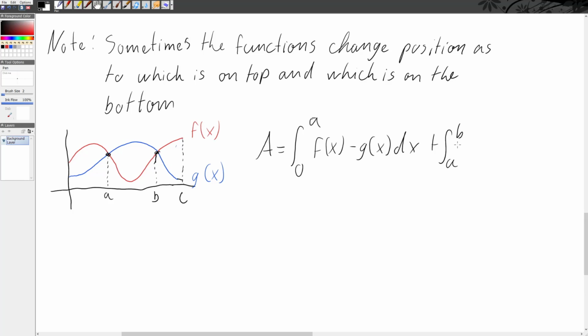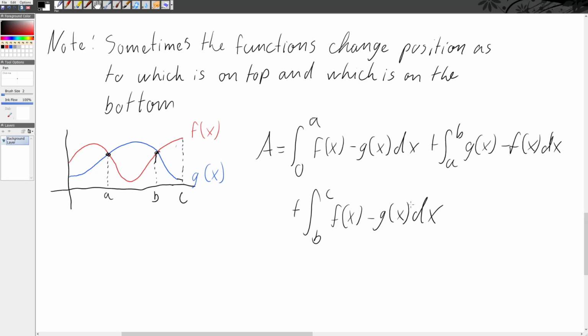This is where the curve changes position, meaning it's now g of x minus f of x. And then finally, the last one from b to c, it changes position again. So now it becomes f of x minus g of x.